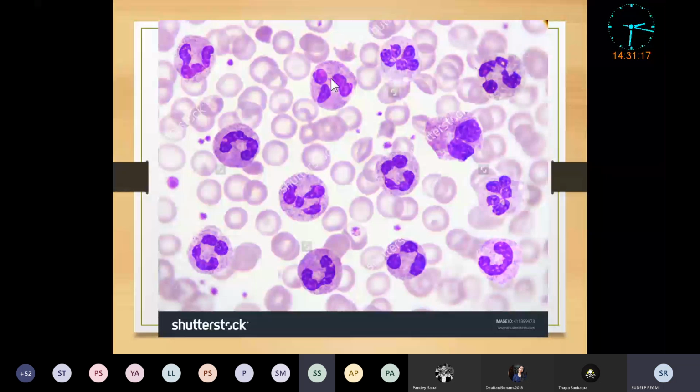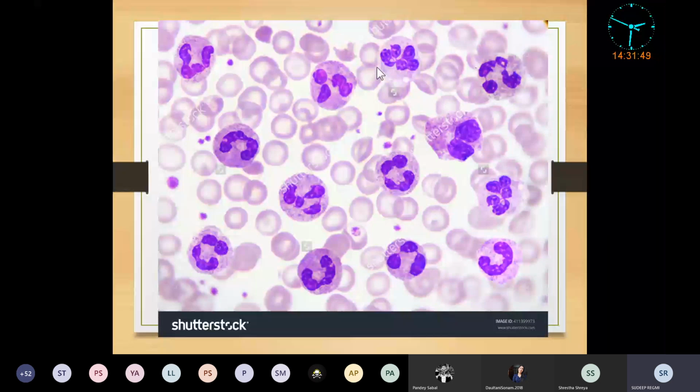It has multi-lobed nuclei connected with thin chromatin threads. Very good. There can be 3 to 5 lobes connected with thin chromatin threads, and there will be azurophilic granules in the cytoplasm. So these are neutrophils.